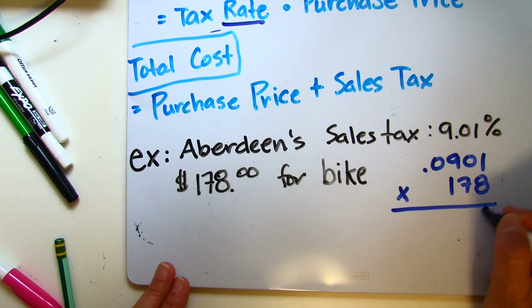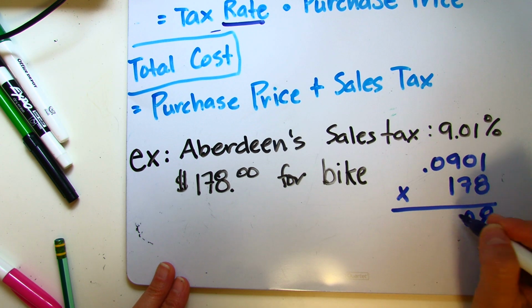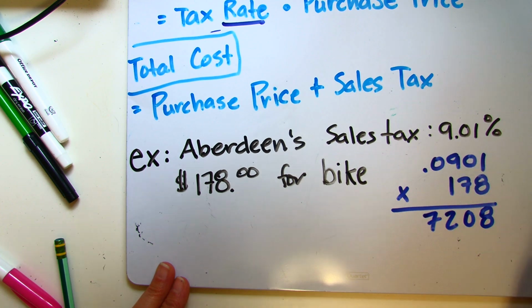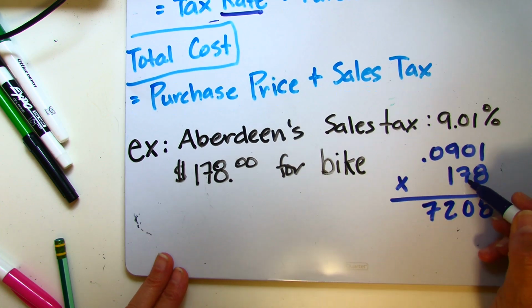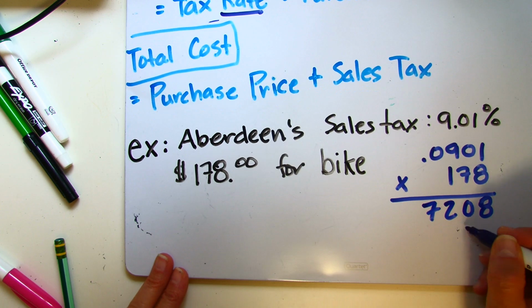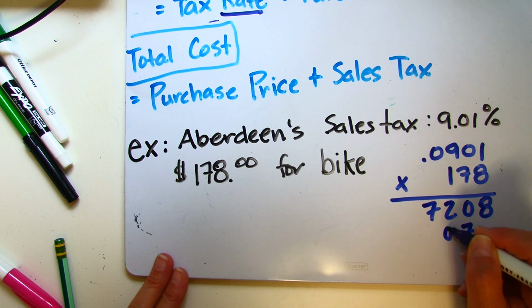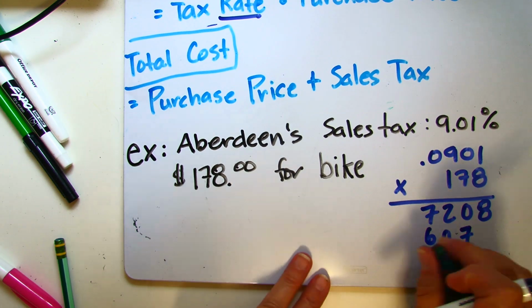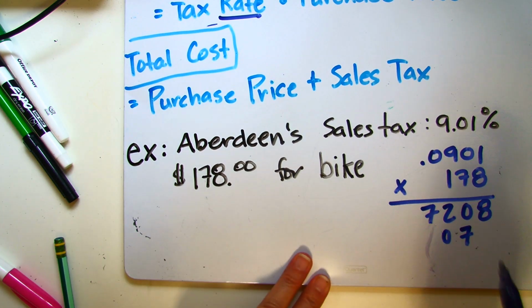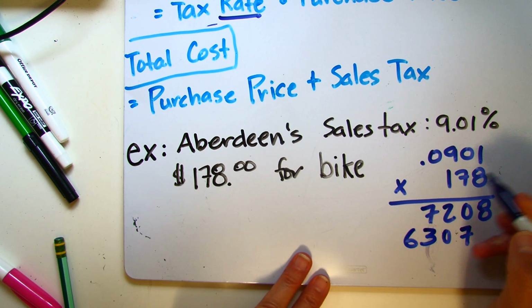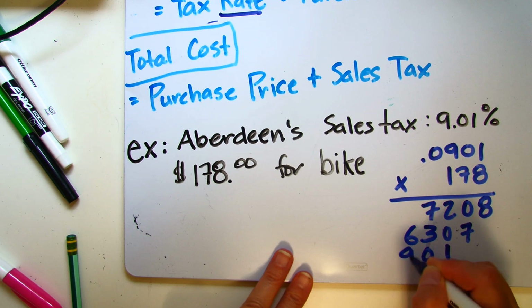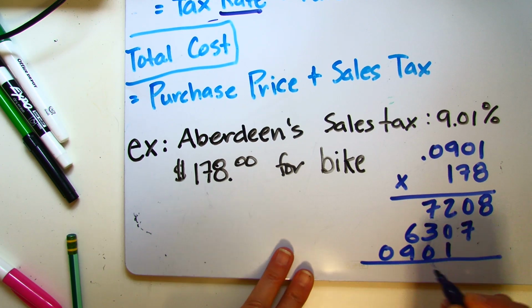8 times 1 is 8. 8 times 0 is 0. 8 times 9 is 72, and I'm going to carry that 7 over. Now I'm going to multiply the 7 to each digit, so we get 7, 0, 63. Oops. And then lastly, 1090.